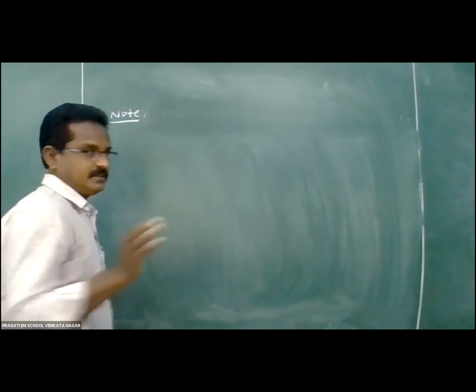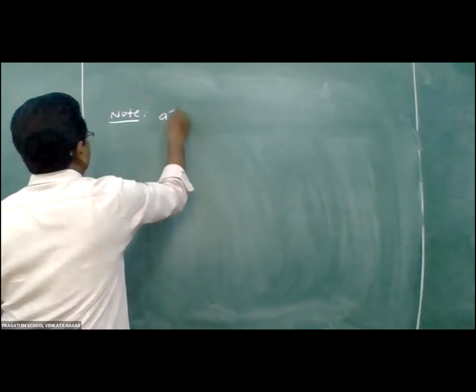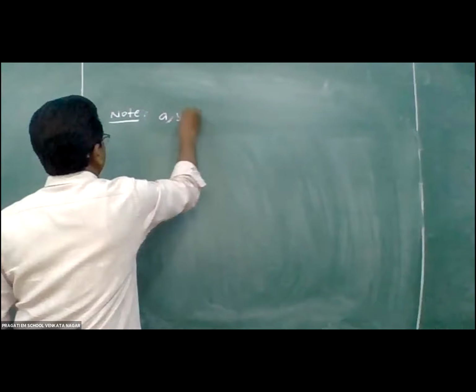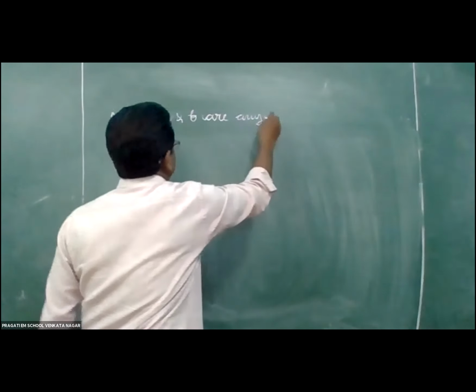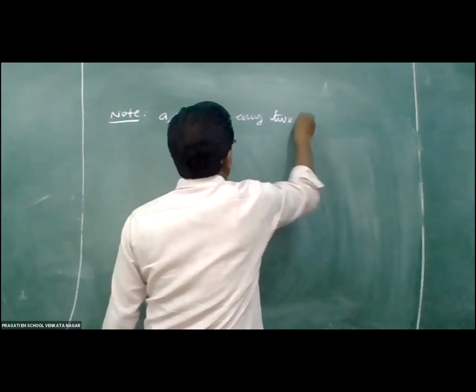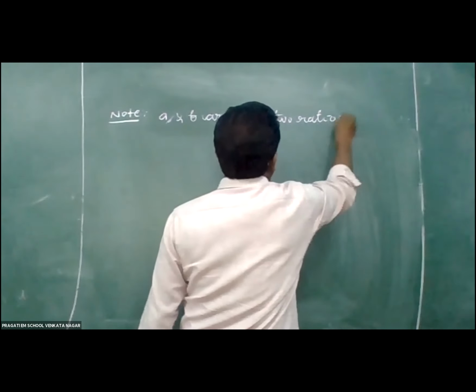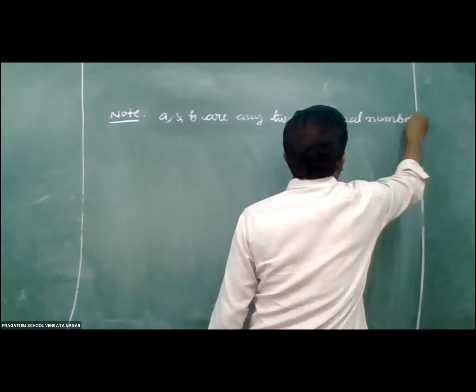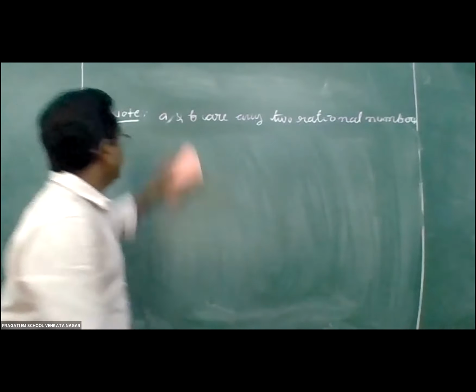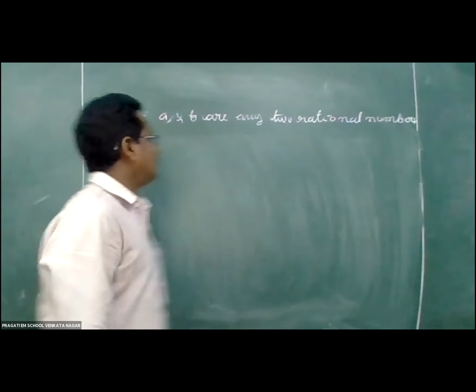See children once: A, B are any two rational numbers.